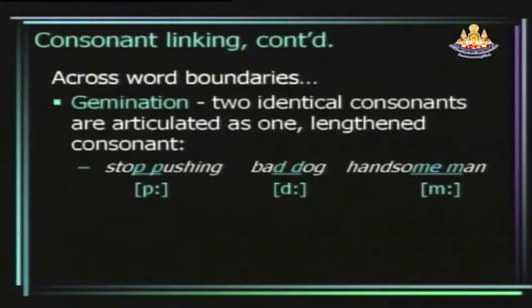Bad dog, bad dog. And my favorite example, handsome man, handsome man. Right? So we just lengthen the identical consonant when we pronounce it, and that's another example of linking.